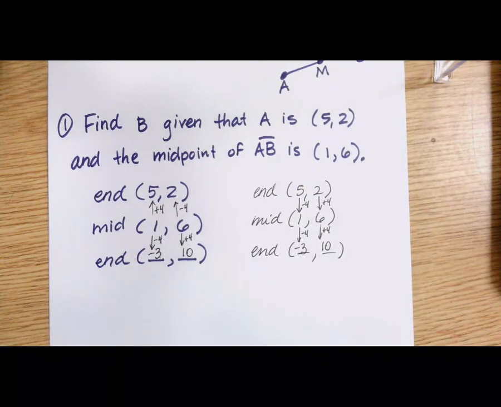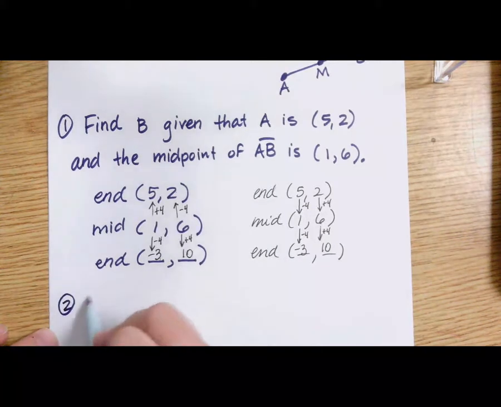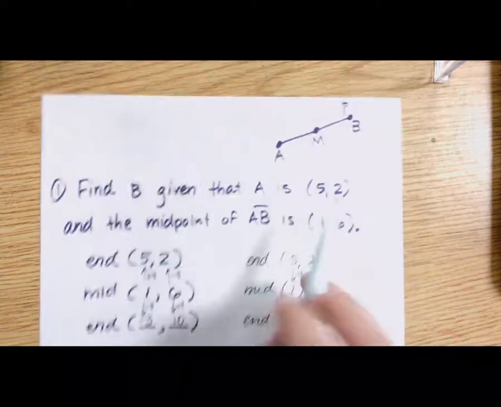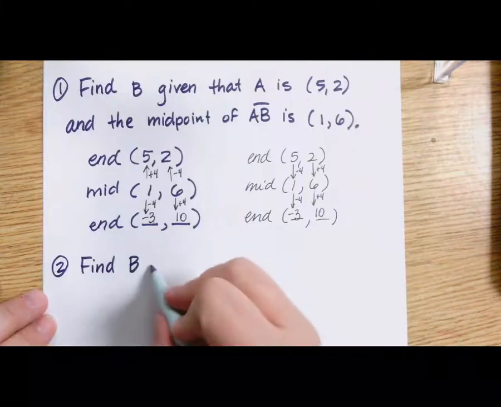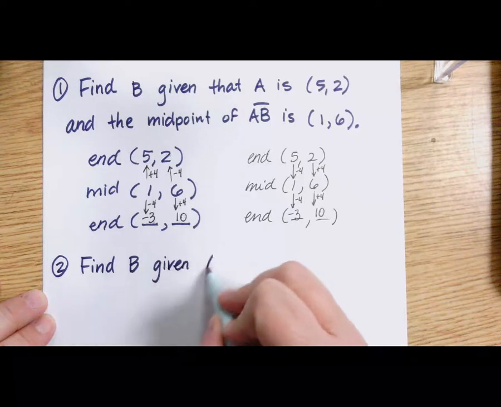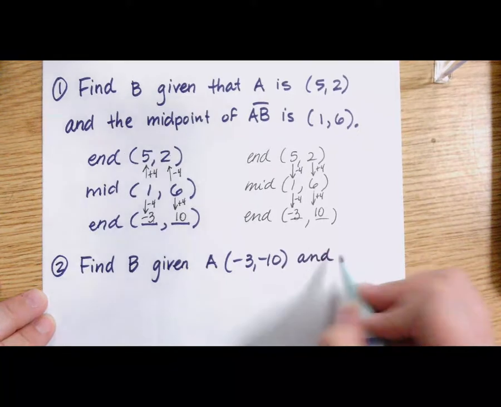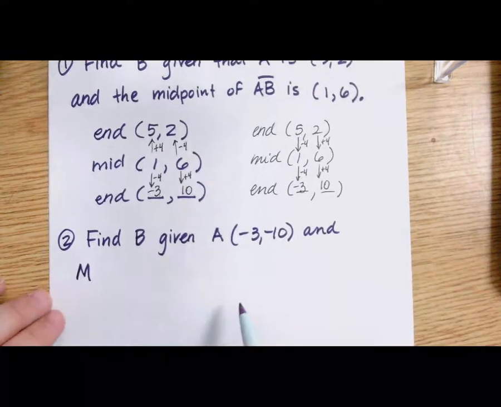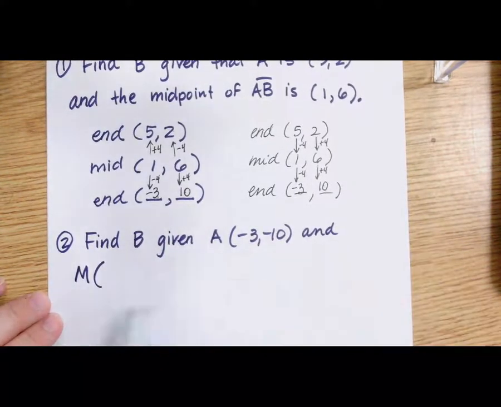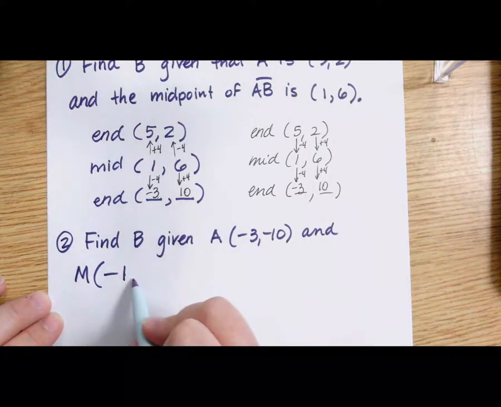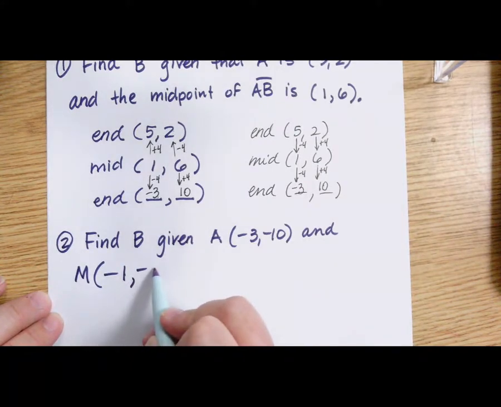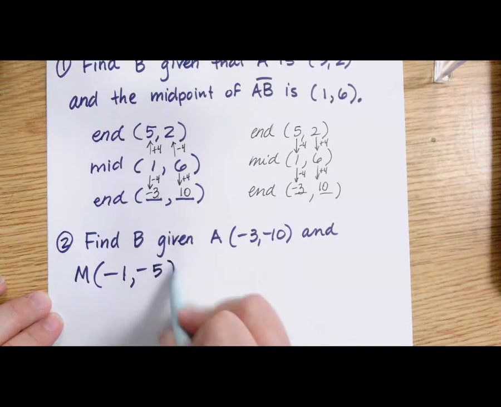Okay, so let's do another problem like that. Let's say find B, given that A is (-3, -10) and the midpoint is at (-1, -5).